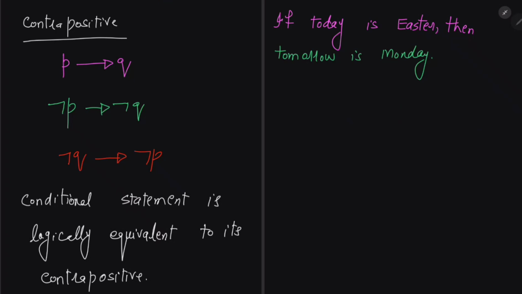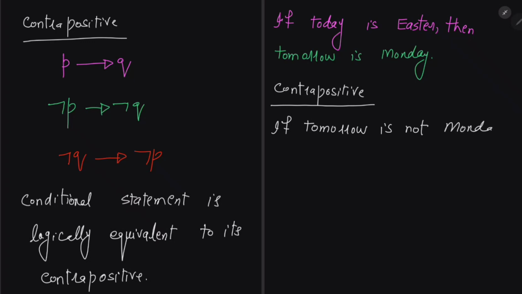So we can write the contrapositive statement of this statement: if tomorrow is not Monday. For example, if tomorrow is not Monday, then what will that day be? It might be Tuesday, Wednesday, Thursday, and so on.